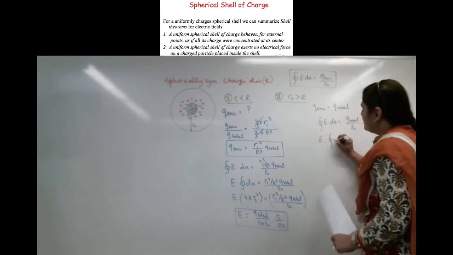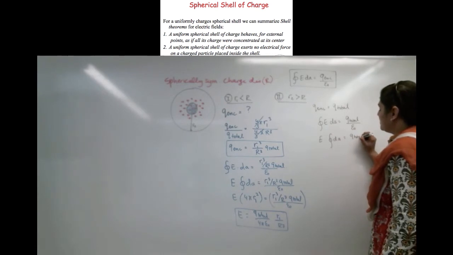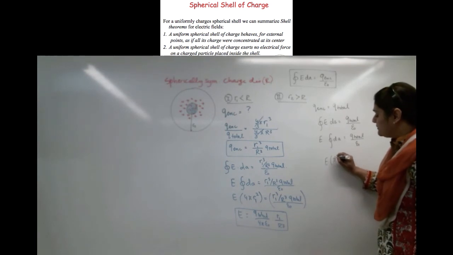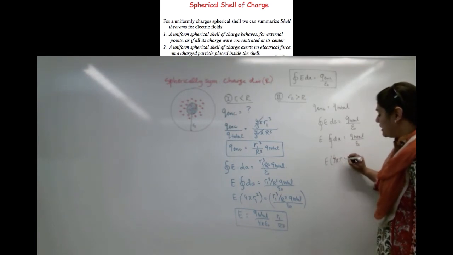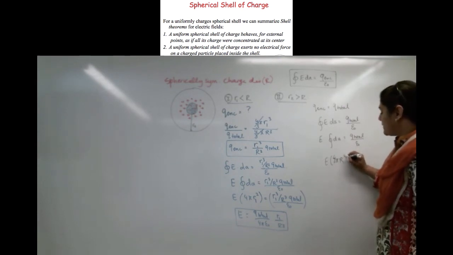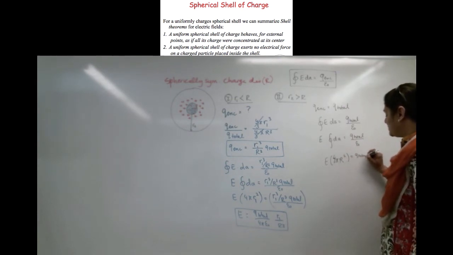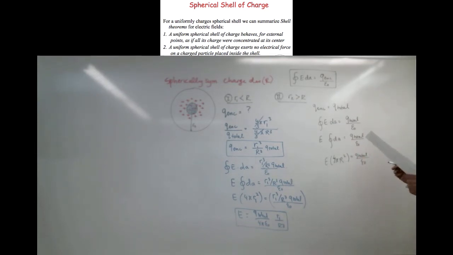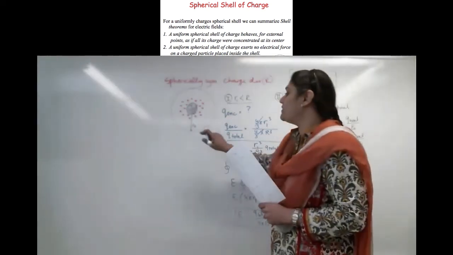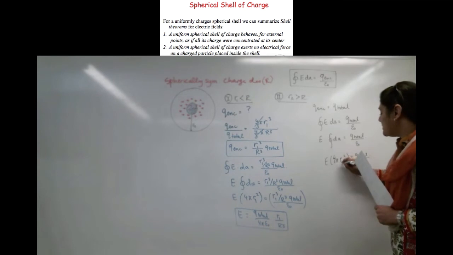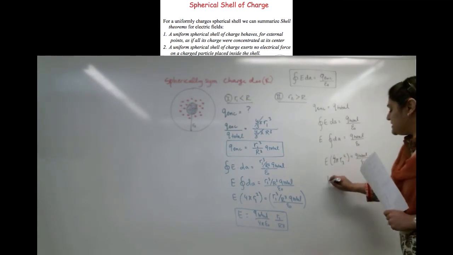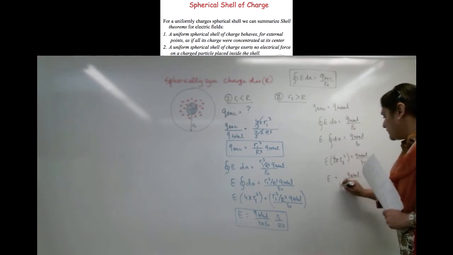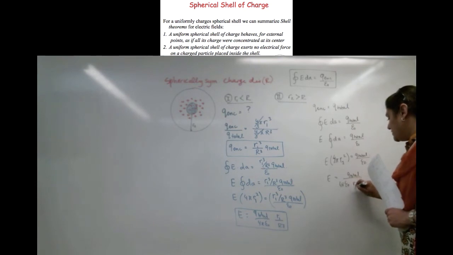E comes out common, and this implies E times 4 pi big R squared equals Q total over epsilon naught, because that's the surface that we have. Oh no, I called that R2. Oops, sorry. So this should be R2 squared, right? So this means E will be Q total over 4 pi epsilon naught R2 squared.